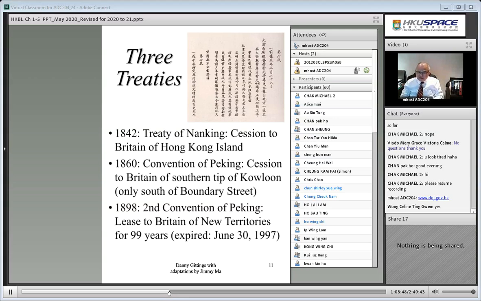And coming back to the Treaty of Nanking, for those who remember the history that you did at school, that treaty only had Hong Kong Island ceded to Britain as a colony.